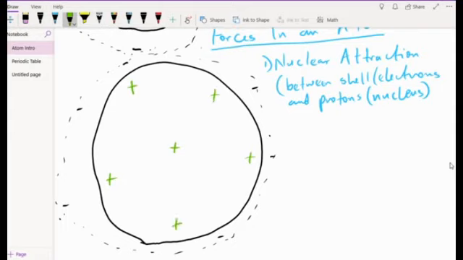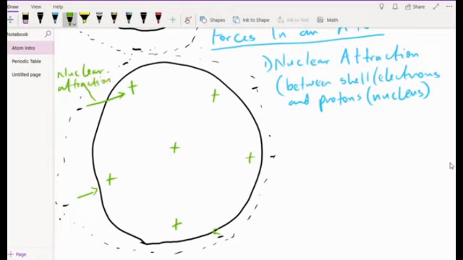So the attraction goes this way, and so on and so on. So this force is what we call the nuclear attraction. So that's the first force.